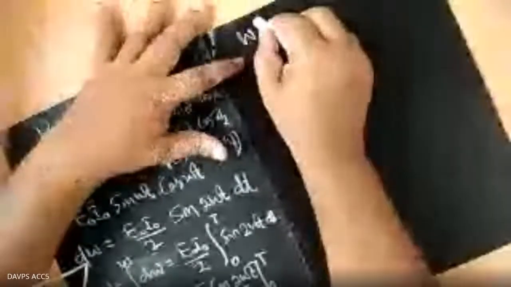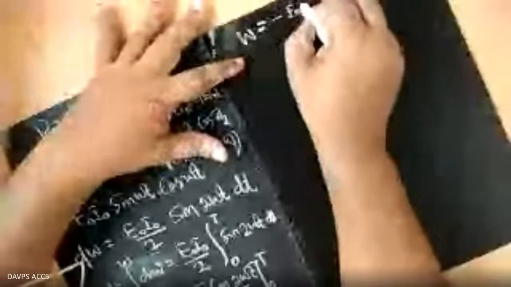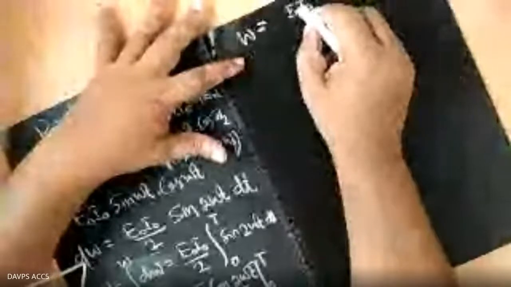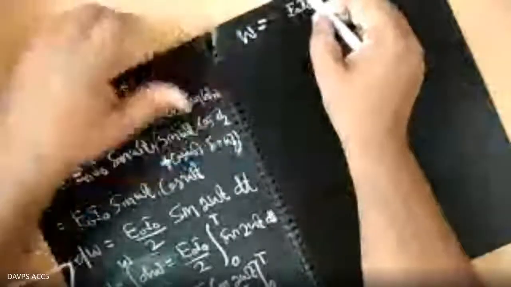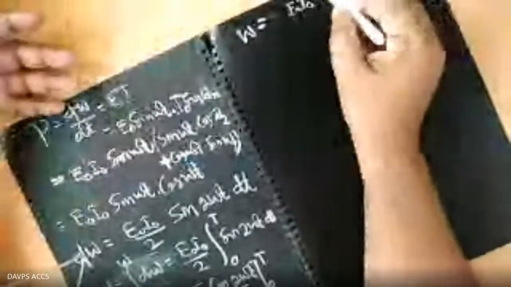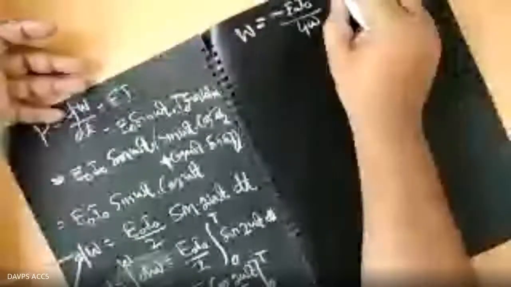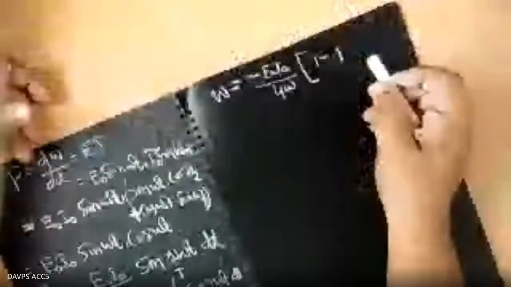So you are getting W equal to minus E naught I naught by 4 omega times (1 minus 1), that is equal to 0.